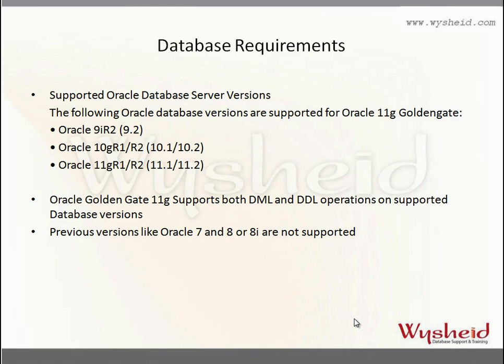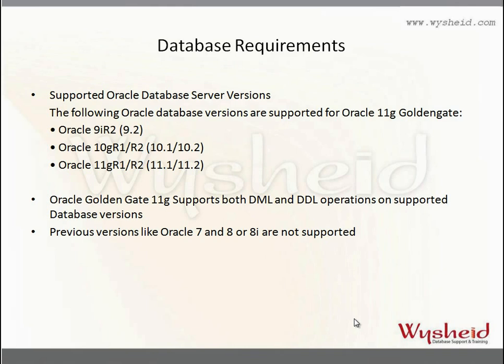So Golden Gate supports the following databases. That is Oracle 9i release 2, that is 9.2, Oracle 10G release 1 and release 2, Oracle 11G release 1 and release 2. And Oracle Golden Gate supports both DML and DDL operations on supported database versions.